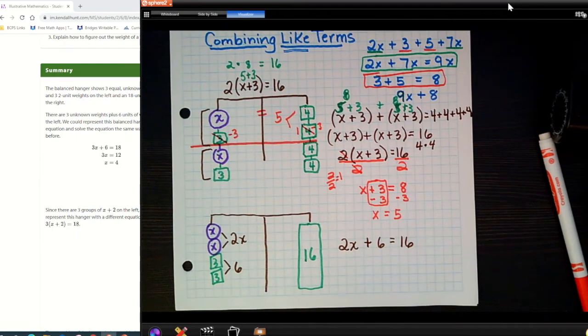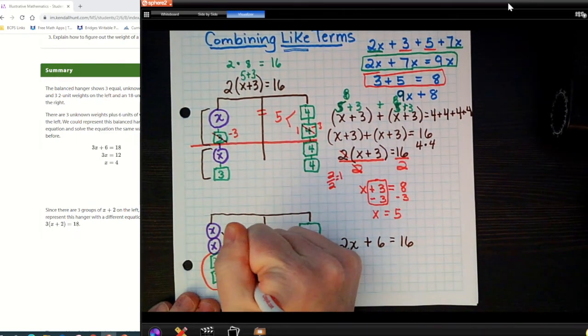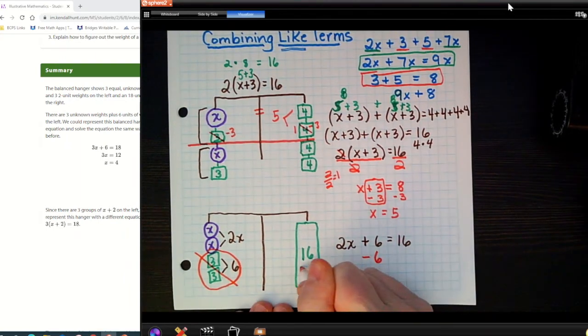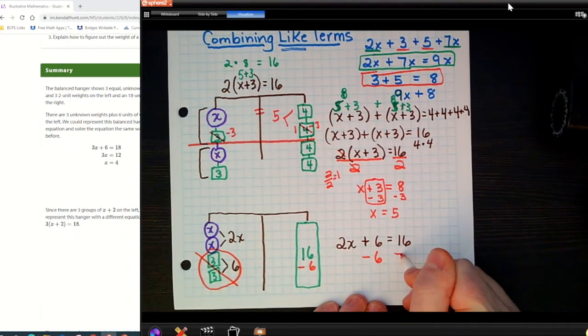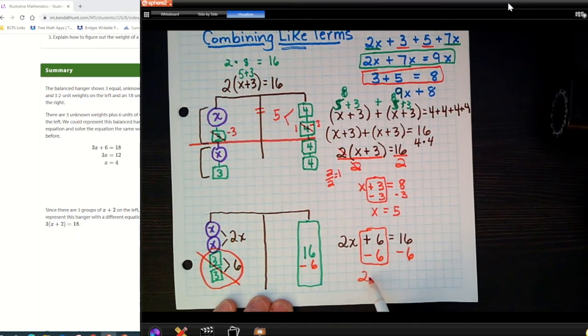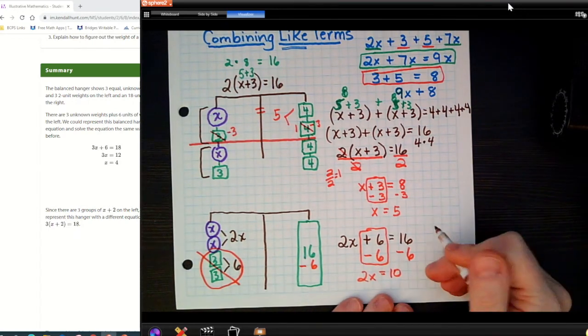And I can eliminate my 6, just get rid of this whole thing. Minus 6, take 6 away, take 6 away. There's my 0 pair. That leaves me with 2x is equal to 10. Okay, now, if you need to, again, like I told my other class, it's no shame in resketching.